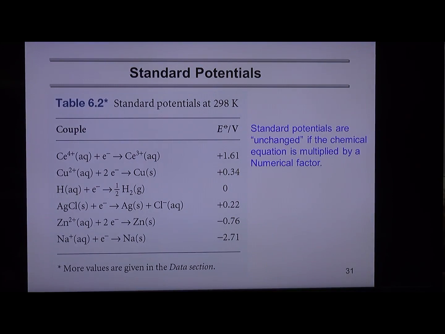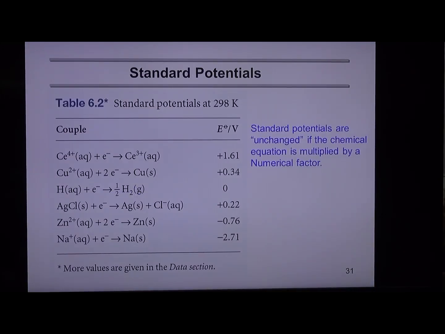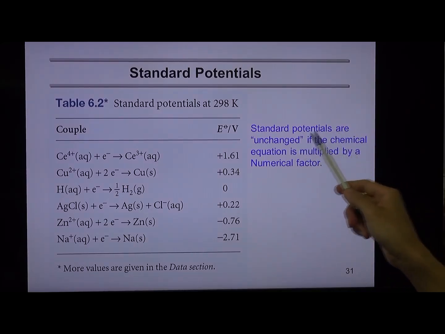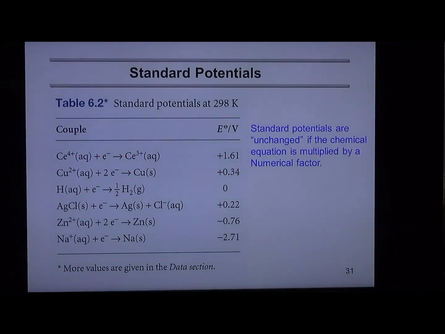Okay? And one very important thing in determining the standard electrode potential of an electrochemical cell is that standard potentials are not changed even if the chemical equation is multiplied by a numerical factor.